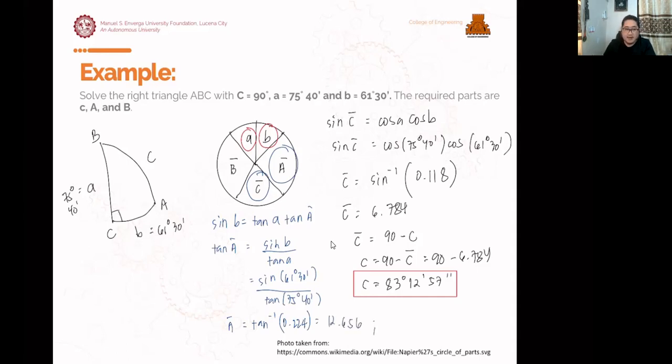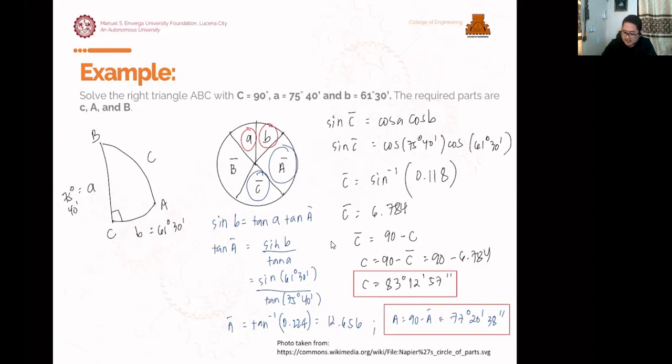Again, we don't need bar A, we only need A. So A will be equal to 90 minus bar A. Subtracting from 90, that will be 77 degrees, 20 minutes, 38 seconds. Okay? So this is our side A.